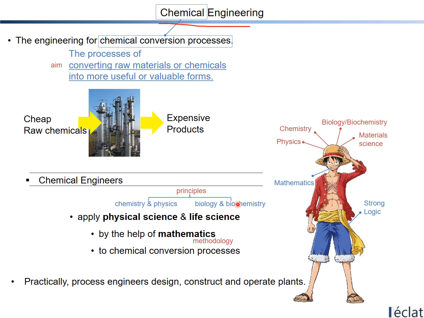At the same time, we'll use the mathematics as the methodology to design the processes. Chemical engineers are sometimes called process engineers. Practically, process engineers design, construct, and operate plants.